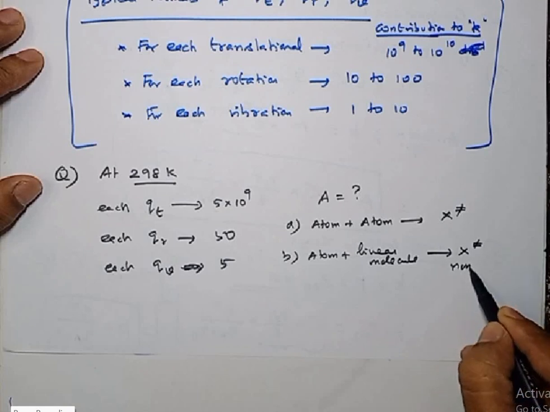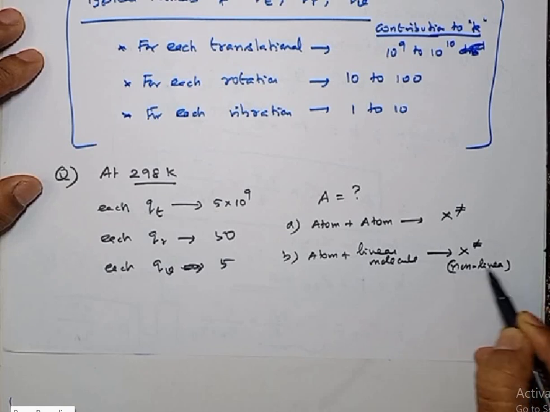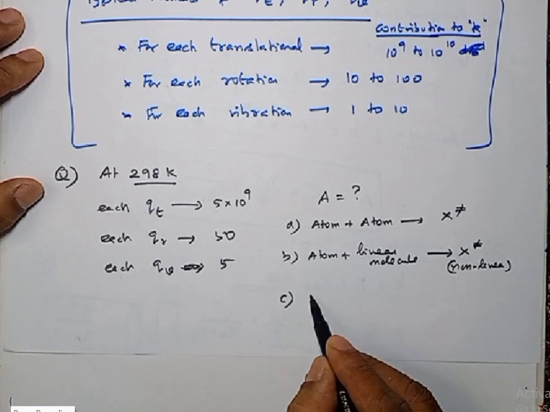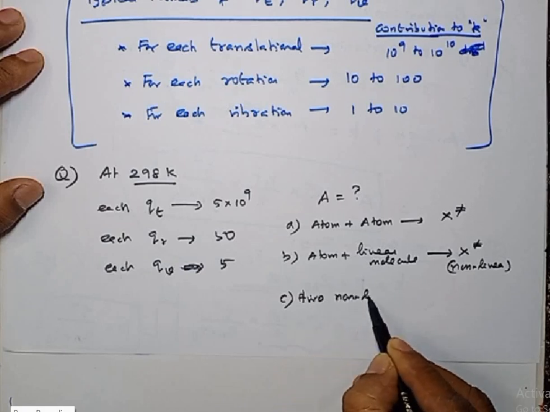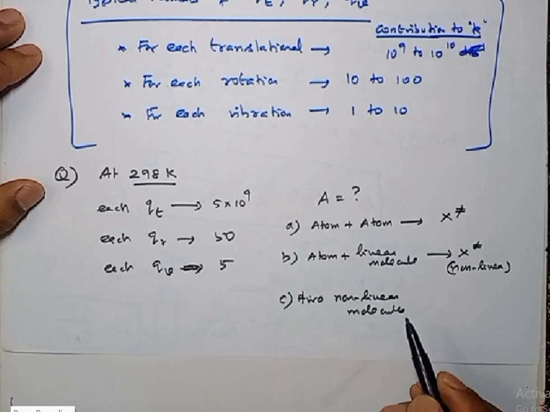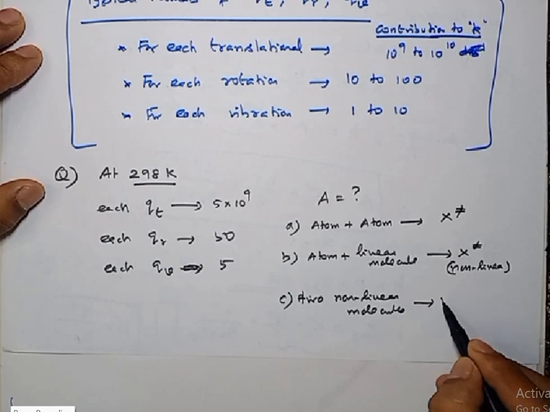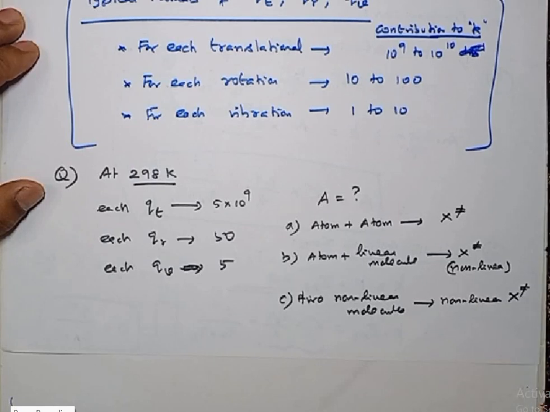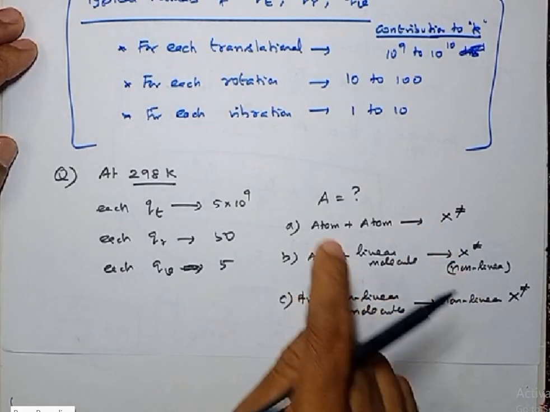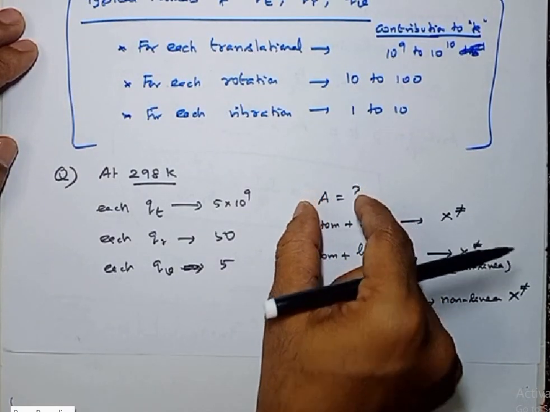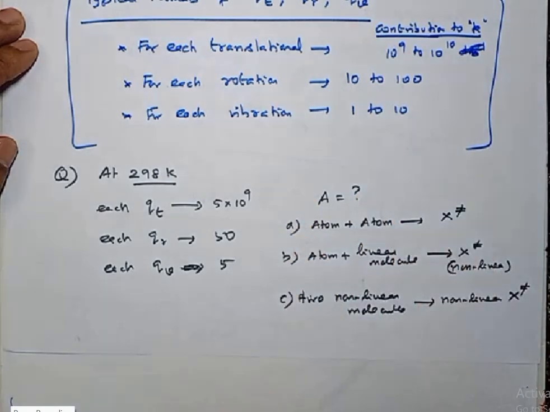Assume that the activated complex is non-linear. Then third, two non-linear molecules form a non-linear activated complex. We need to find the value of pre-exponential factor A for these reactions.